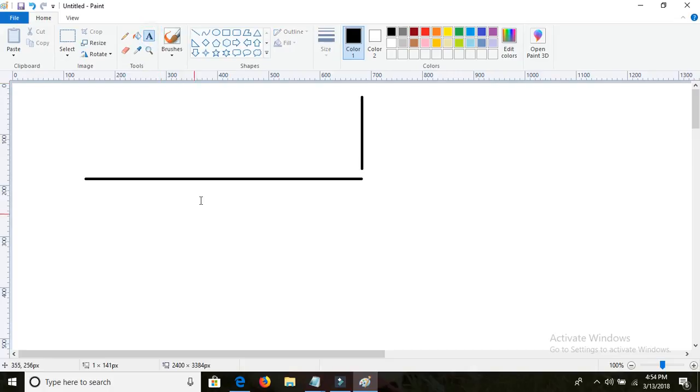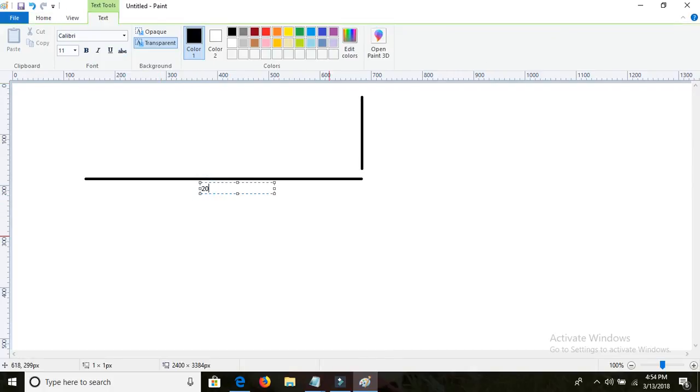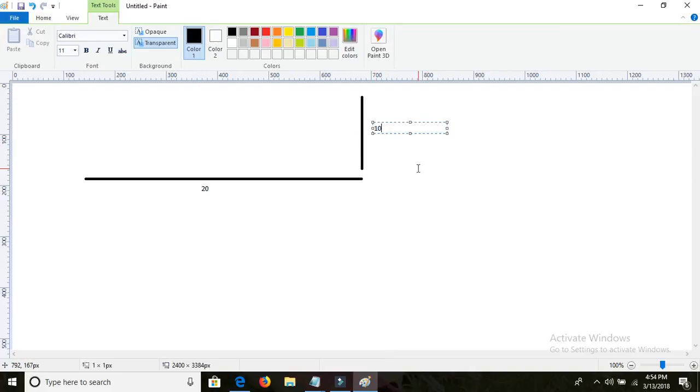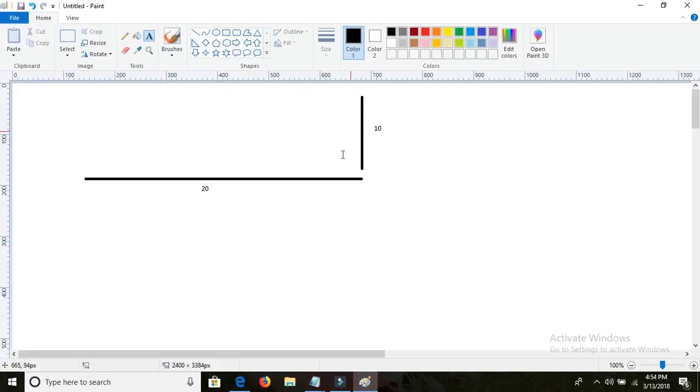Here we have a distance of 20, and another distance, suppose 10. Let me clarify, friends: these two lines are connected together, we think like that, but the image is not showing the connectivity. Now, if you want to draw this line with a distance of 20 and this line with a distance of 10, how can we draw it?